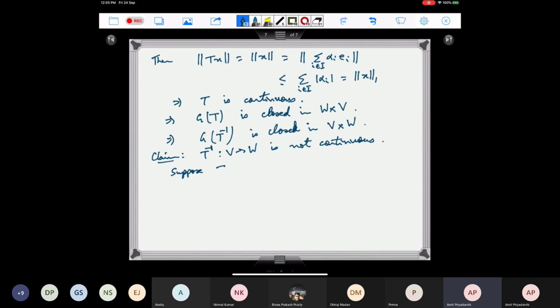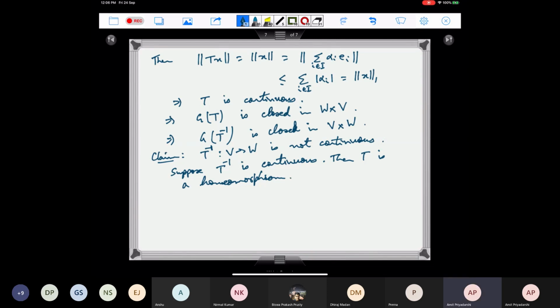So suppose T inverse is continuous, then T is a homeomorphism, right? Because T was continuous, and if T inverse is also continuous, then T becomes a homeomorphism from W to V.